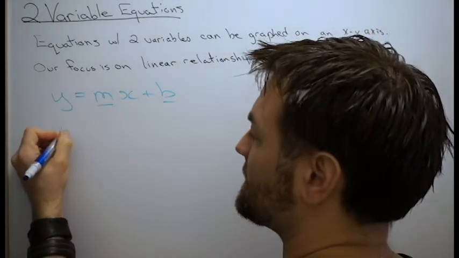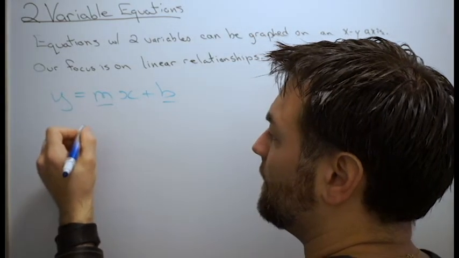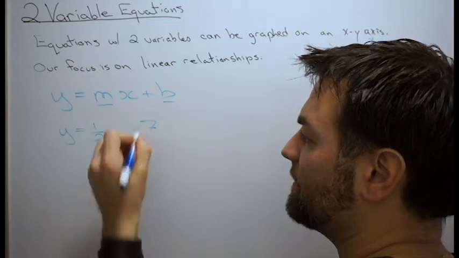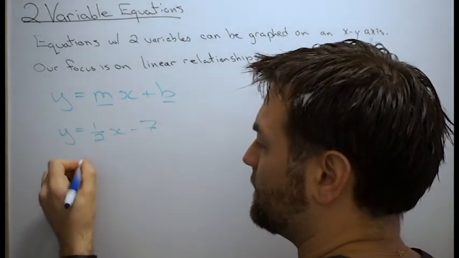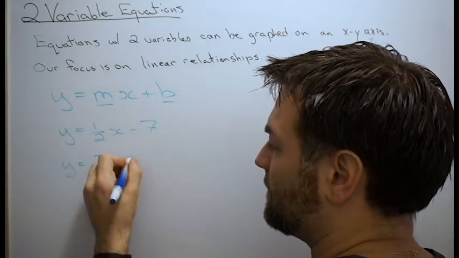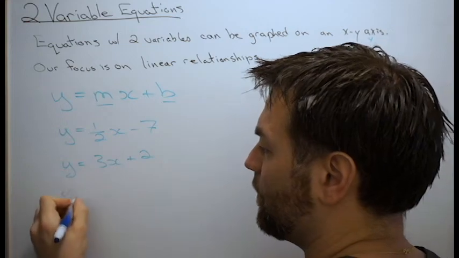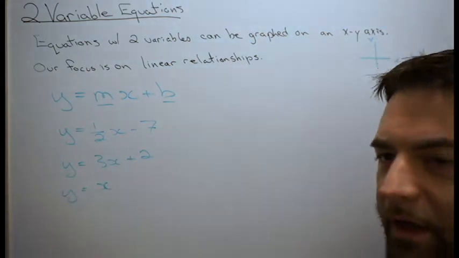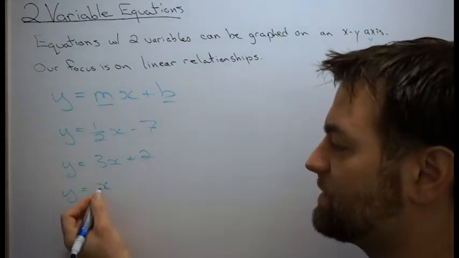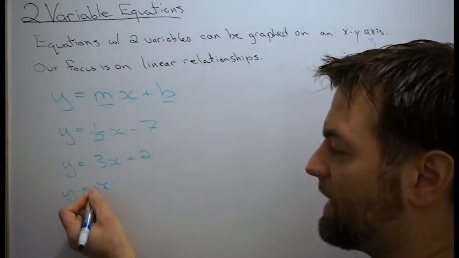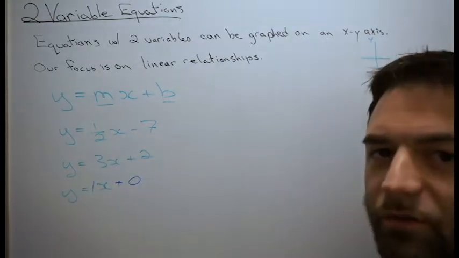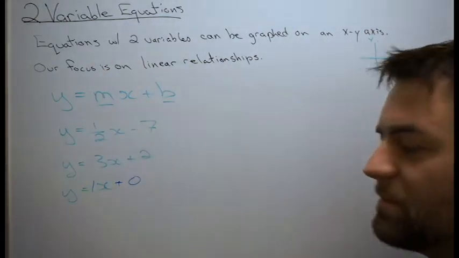So we'll often see things like y equals 1/2 x minus 7, y equals 3x plus 2, y equals x. And in that case, both of these are missing, but there's 1x, so technically it's a 1x, and we're just adding the 0, so it's the same kind of format. So all these would be linear relations.